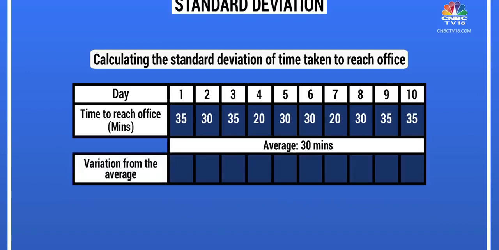So let's look at the variation of time as against the expected outcome. On day 1, you took 35 minutes, which means the variation from the average is 5. On day 2, you took 30 minutes to reach and therefore the variation is nil. On day 3, again you get a variation of 5. On day 4, the variation is minus 10 because you took only 20 minutes to reach, so on and so forth.